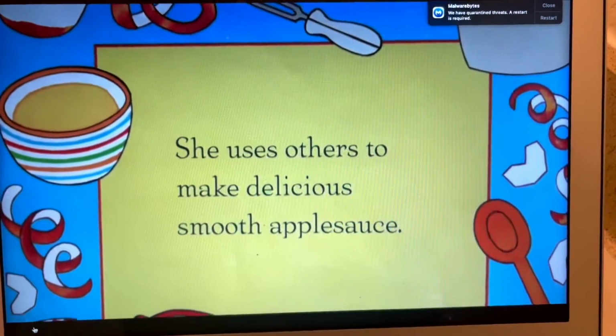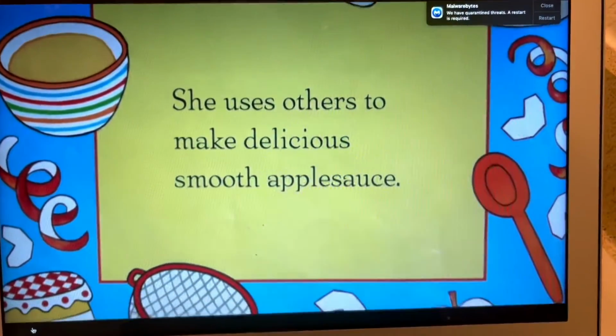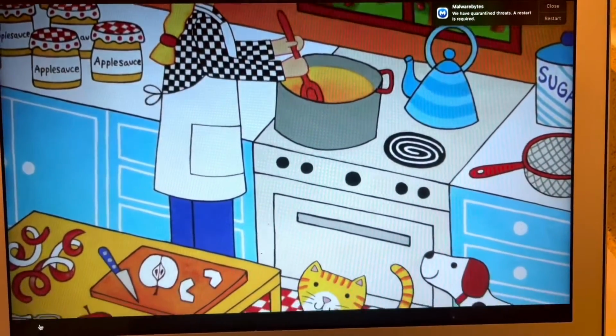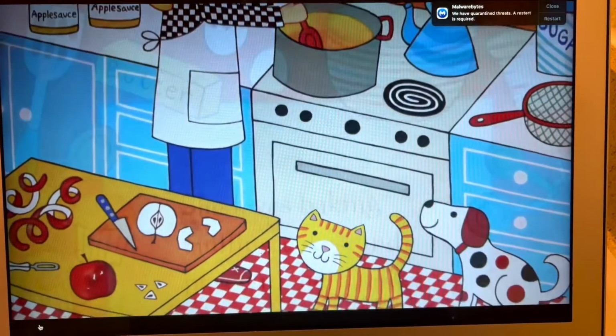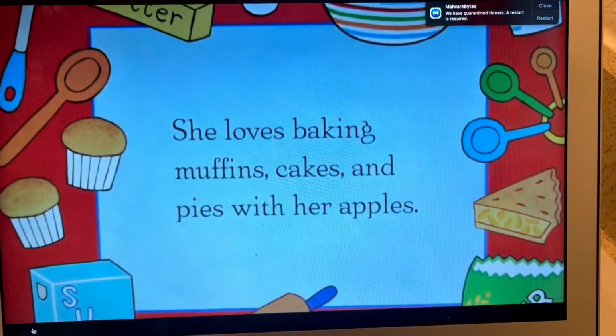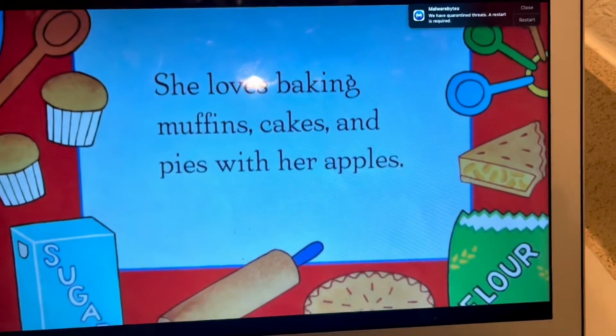She uses others to make delicious, smooth applesauce. She loves baking muffins, cakes, and pies with her apples.